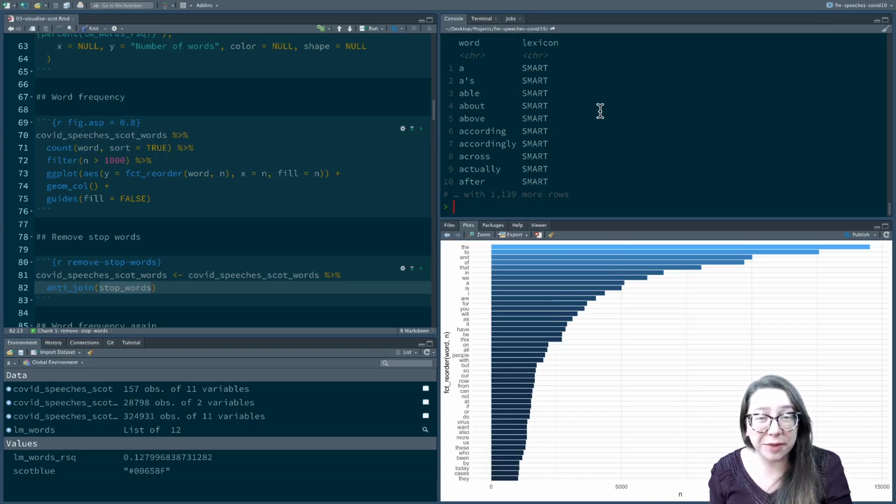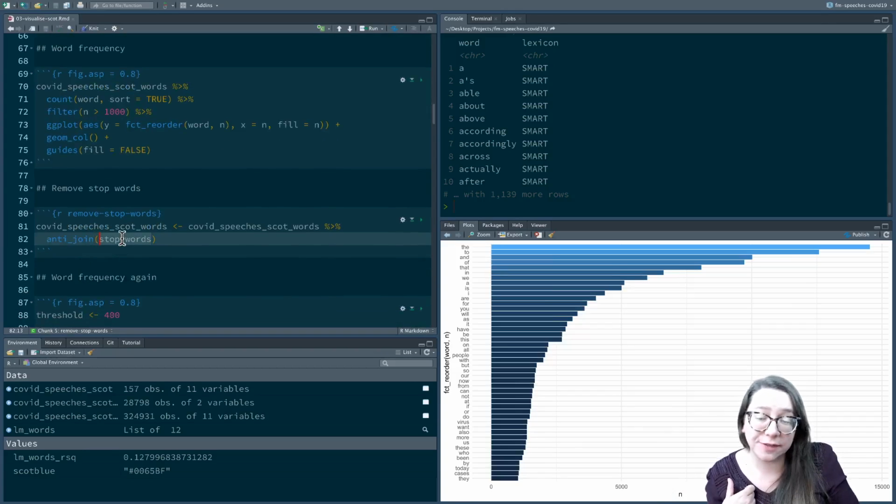But what we really want to do when we're doing our text analysis is take away these stop words, unless that's the focus of your text analysis. But here I'm looking for what common words about the pandemic or about healthcare or public health the First Minister is talking about, as opposed to what filler words she uses. And so we're going to take away these stop words, and we can do that using the anti-join function.